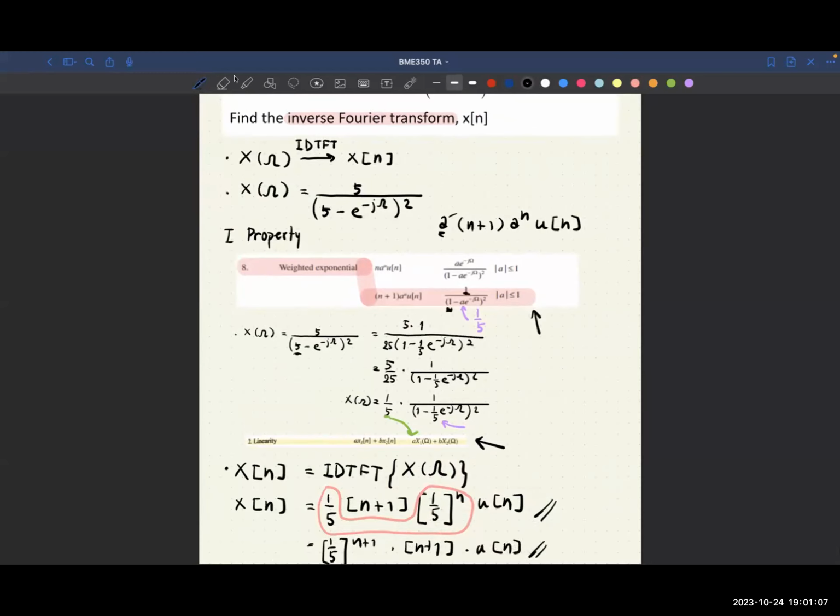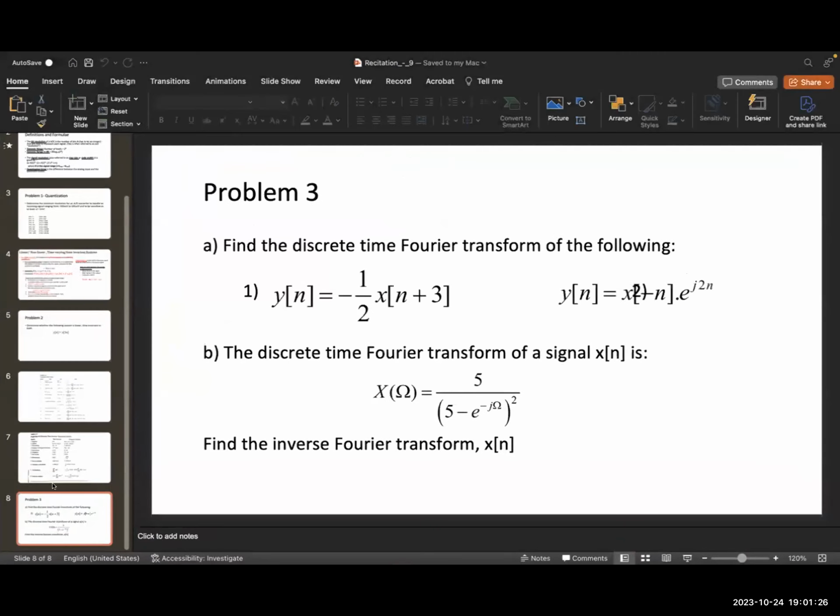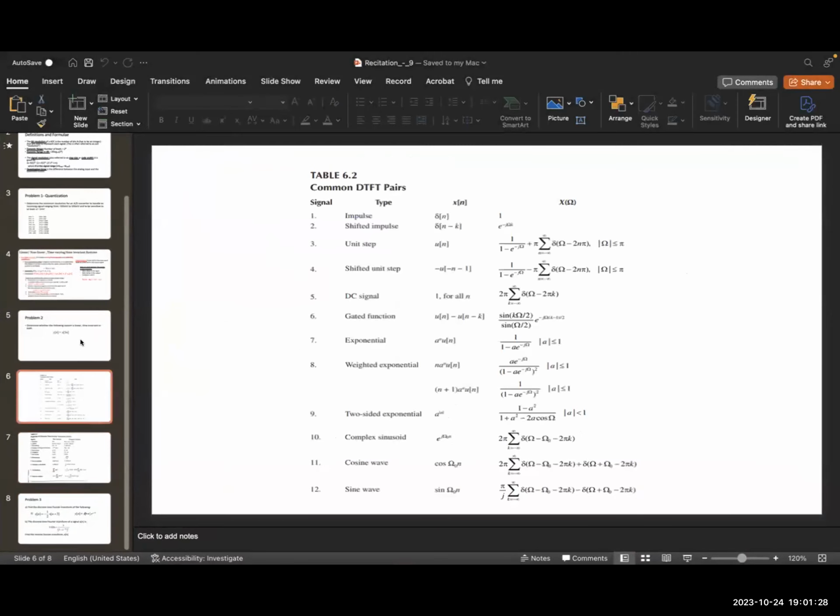And that's it. Fourier transform problem. Cool. Thank you everyone for coming to recitation today. We don't have any more questions for tonight.